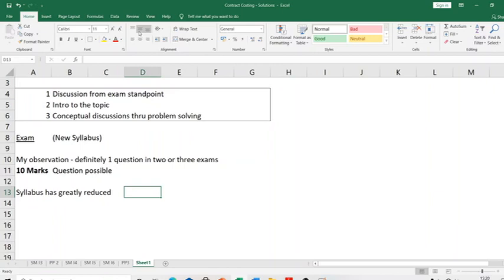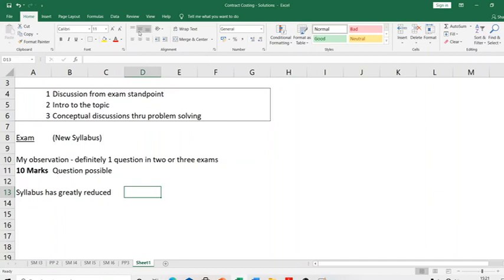When I say greatly reduced, what I mean is when ICAI transitioned from the old syllabus to the new syllabus. In the old syllabus, contract costing had a lot more content, and if a question appeared in the exam, it had a lot more to test you on. But in the new syllabus, it's not like that. The content has greatly reduced, so there are only a few things that you'll have to study.